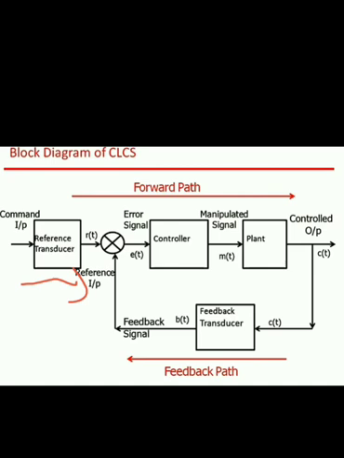By this, the electrical signal we can apply to the control system. After that, the signal is given to the controller and plant, and here is the output of the control system.